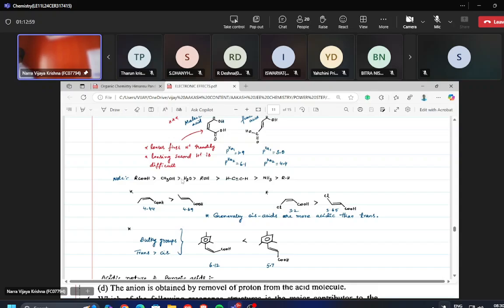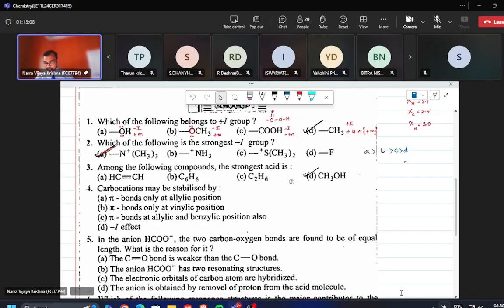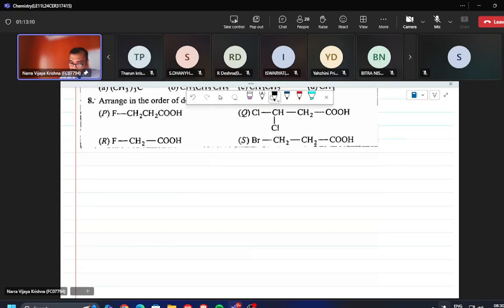We are calculating the pKa value of water by using the ionic equilibrium chapter. Do you remember? Remember or not? In the ionic equilibrium chapter, while you are writing pKa, what will you write? Ionization of water: 2 moles of H2O gives rise to H3O plus and OH minus. Correct?